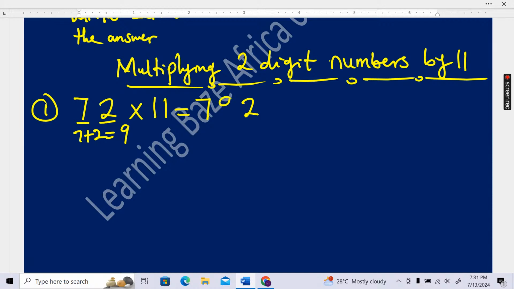Write 9 in between. So the answer is 792. 72 times 11 is equal to 792.